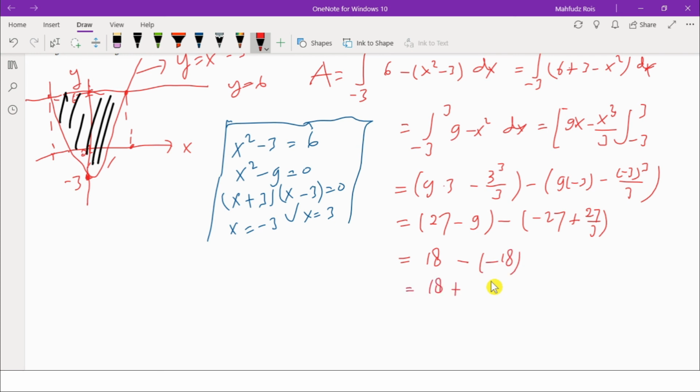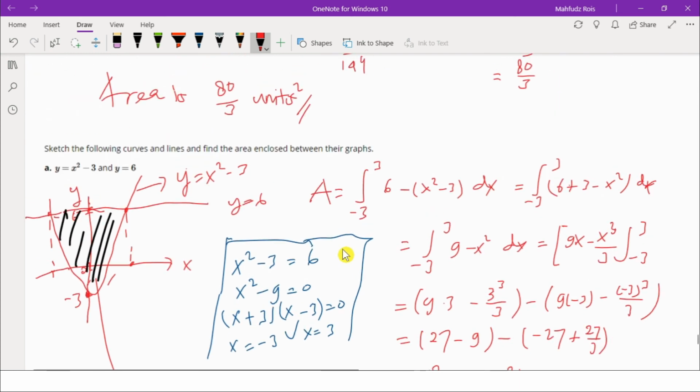So 18 plus 18, so it will be 36. So the area is 36 unit square.